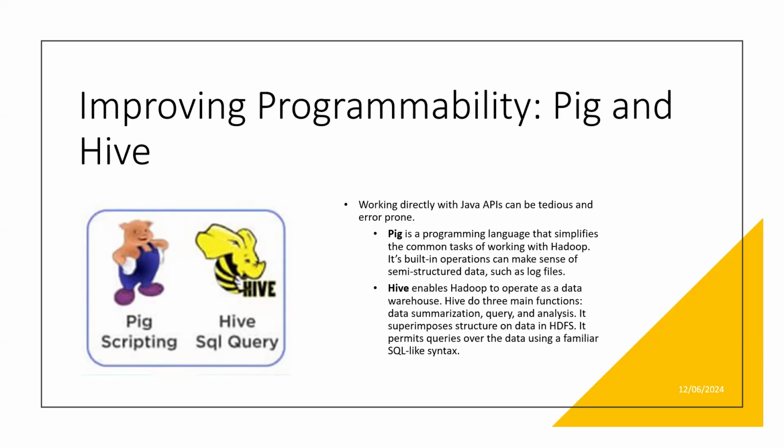Those are the things that you use Pig for. The learning, for example, from semi-structured data, for that we can use Pig. The Pig scripting we normally use for that. It's a scripting language, so this can be used to develop what we call MapReduce applications.